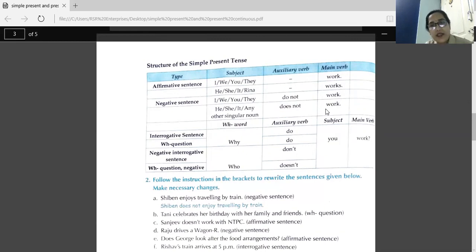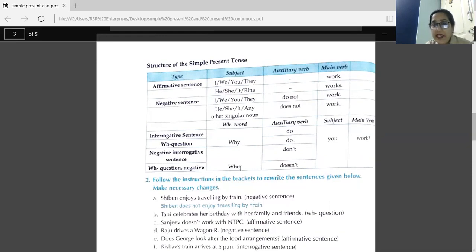Now interrogative. In interrogative, you have WH questions, that means where you have to write a WH word. Why is the WH word here? Now in interrogative, there is an auxiliary verb which we are using here. Why do you work? With you, you will write do. Why do you work, in a WH question and interrogative sentence. Now negative interrogative sentence.